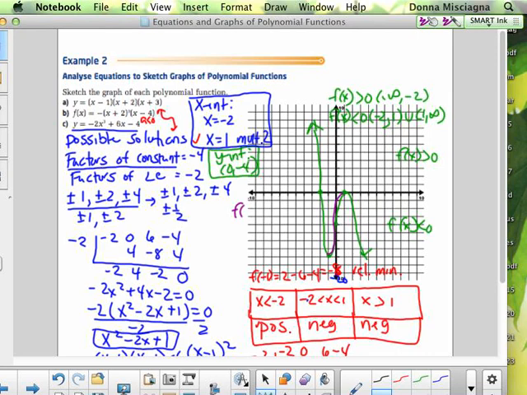So f of x is increasing from, so our turning point's at negative 1, and our second turning point, so this is one turning point, negative 1, negative 8. The other turning point is at 1, 0, our repeated x-intercept. So we are just increasing between negative 1 and 1, and then everywhere else decreasing.